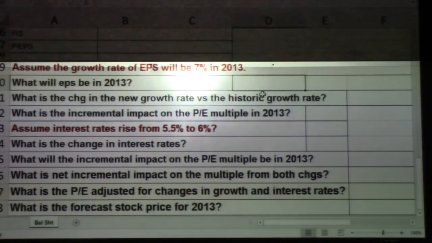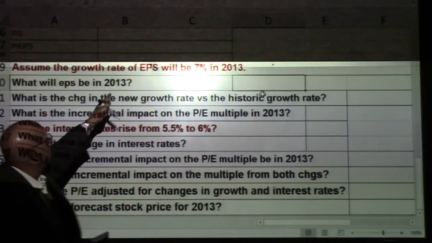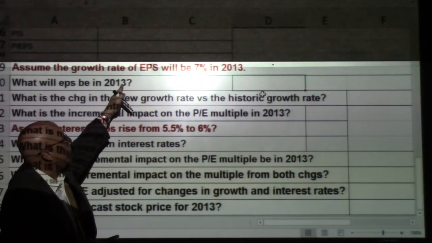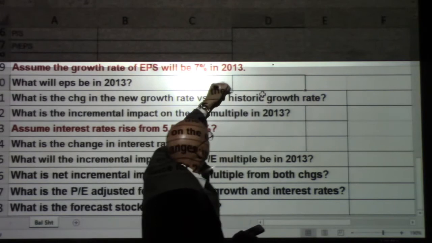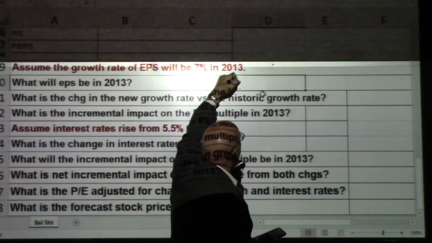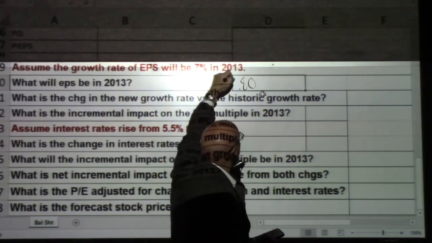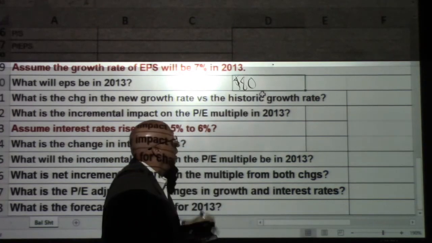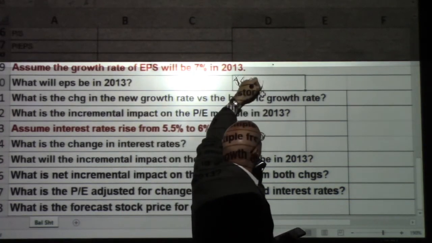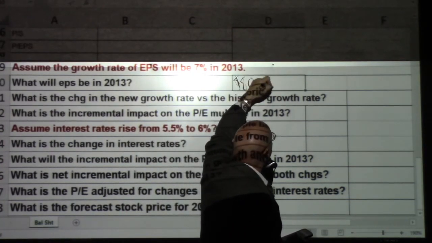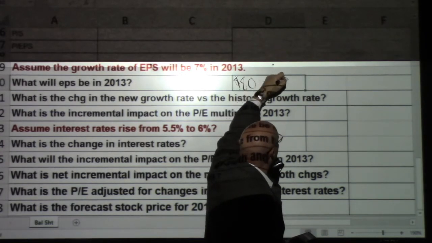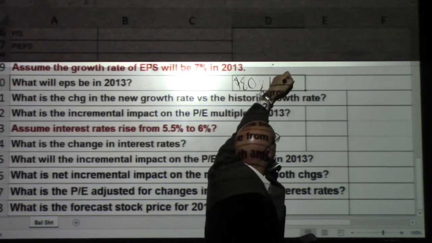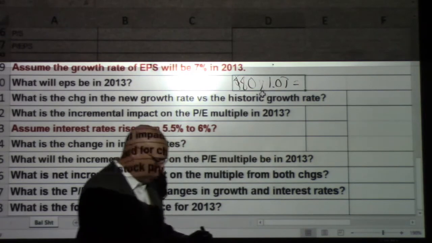So let's get the calculator going. What will earnings per share be in 2013? Earnings per share in 2012 was 80 cents, and we're going to multiply that by 1 plus the new growth rate, and we'll get our new earnings per share estimate.